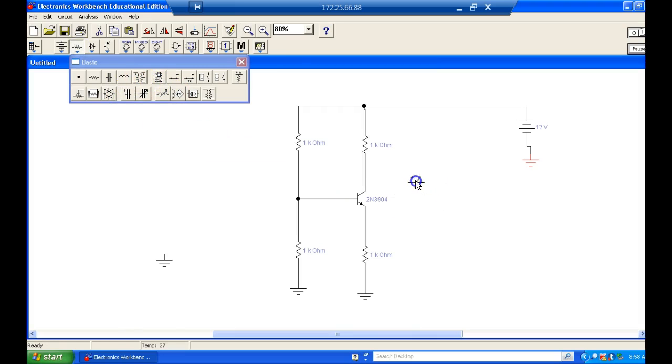Then we need an output capacitor. So our DC is on this side, and this is going to be AC on this side. It's a polarized capacitor, so we'll point the positive toward where our collector voltage is going to be. And then over here we'll do the same thing.